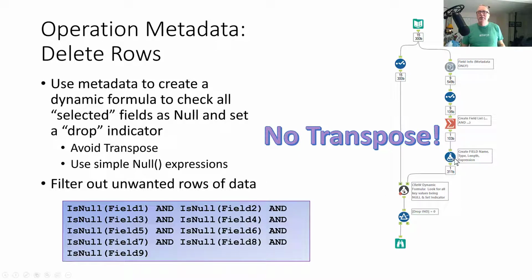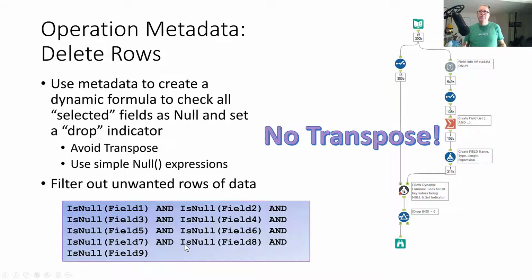And then I'm going to create an expression so that I can feed that into, and this is another Crew macro, a dynamic formula macro. With the dynamic formula macro, I'll be able to generate a formula at runtime that tests out exactly what I've got on the screen, is null.